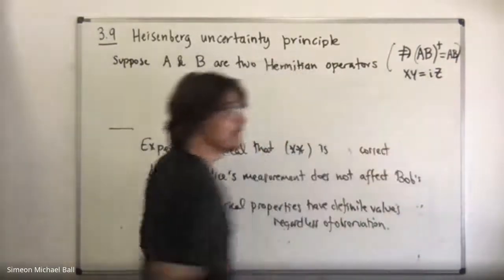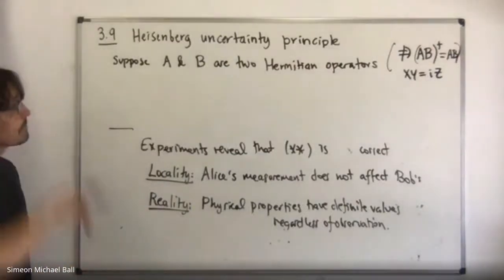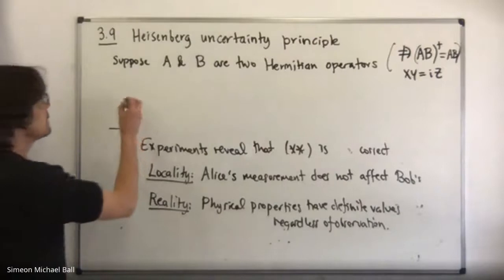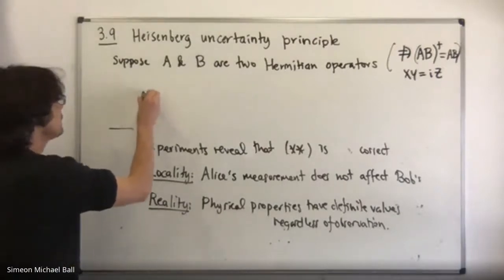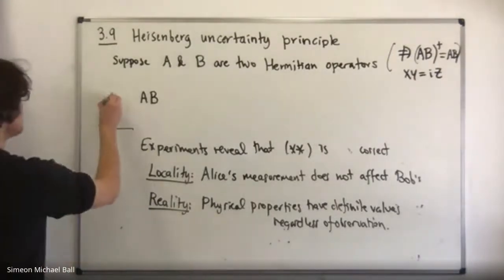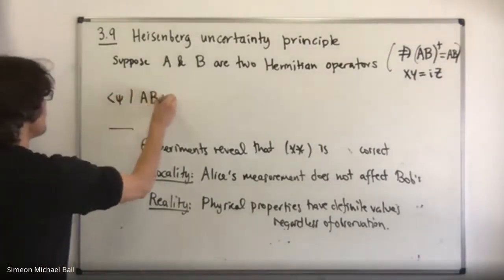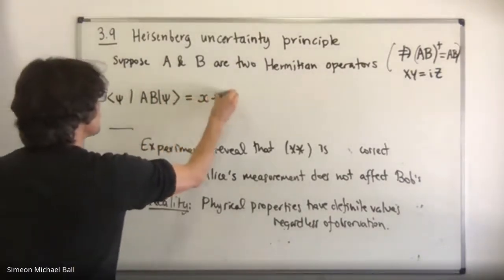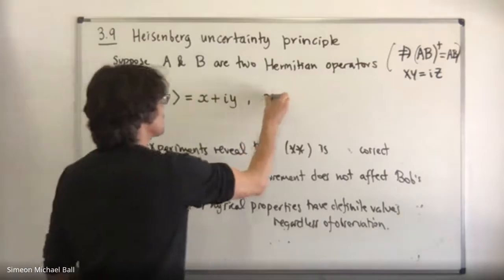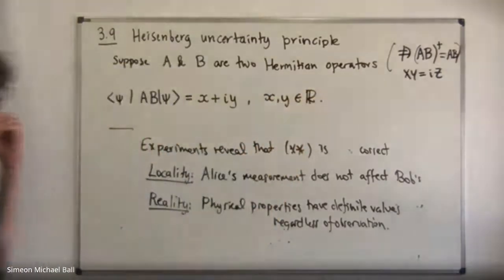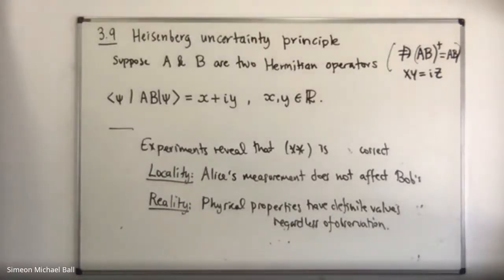This is not. Anyway, therefore, if I calculate this for some state psi, this is going to give me some complex number. Okay, so I have to write that as a complex number.